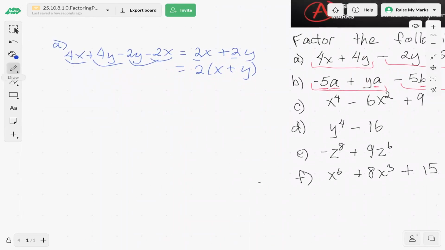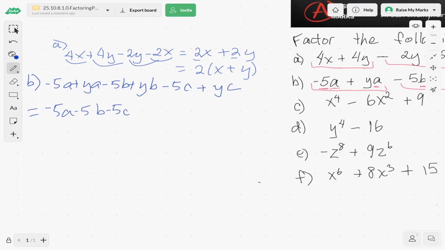Let me rewrite it: negative 5a plus ya, negative 5b plus yb, negative 5c plus yc. Let's group everything with 5s together. So we have negative 5a, negative 5b, negative 5c. Plus, everything with y's: ya plus yb plus yc.